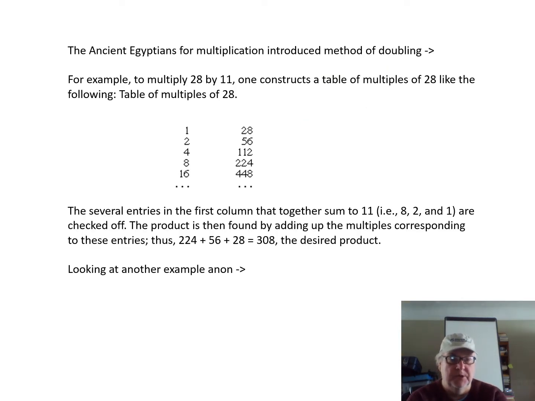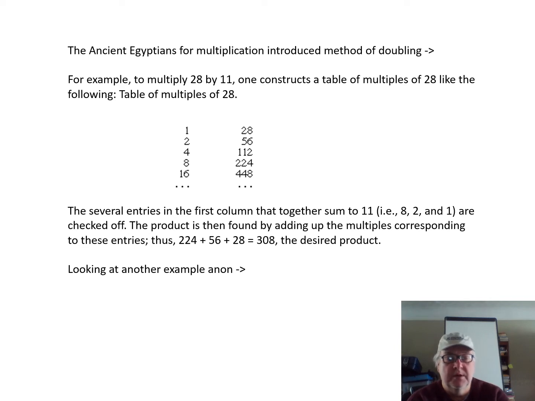So the ancient Egyptians, when they were doing mathematics, would do multiplication by the method of doubling. For example, to multiply 28 by 11, one could construct a table of multiples of 28 like the following table. So we're dealing with Egyptian mathematics in the way they did it, but we're using our mathematical notation.